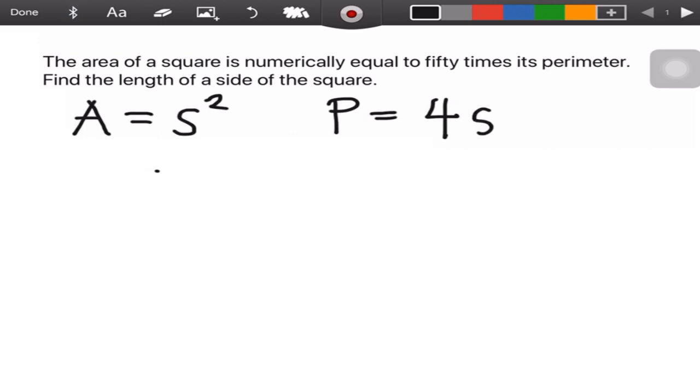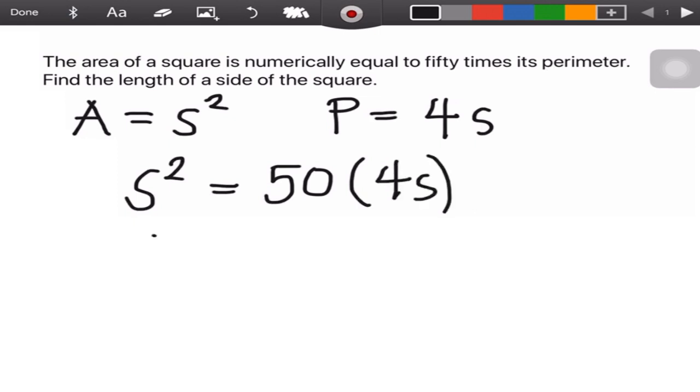When we say square, it means it has all sides equal, or it has 4 equal sides. So we will now represent the problem using this formula. So the area S squared is 50 times the perimeter, 4S.